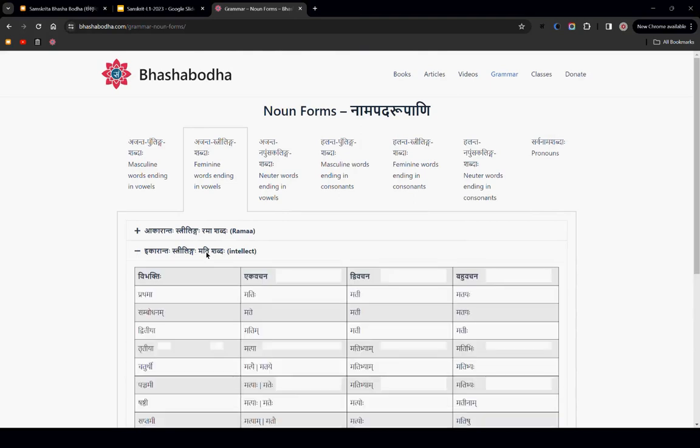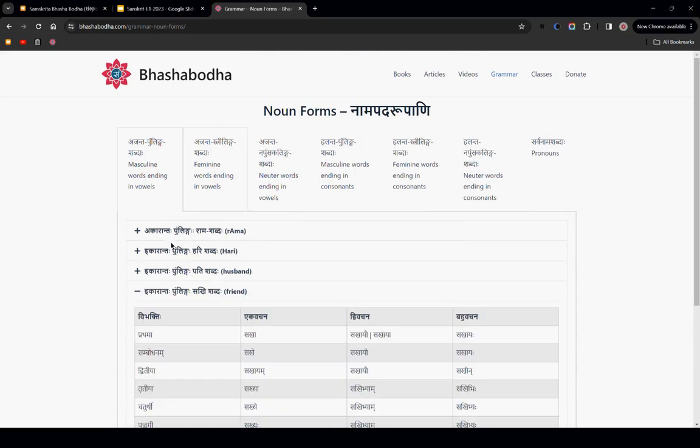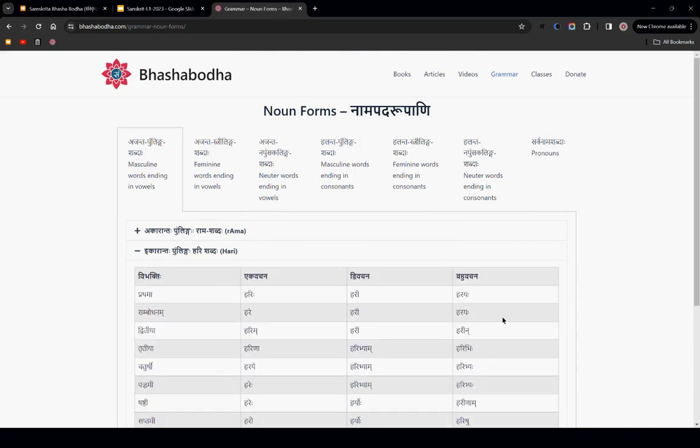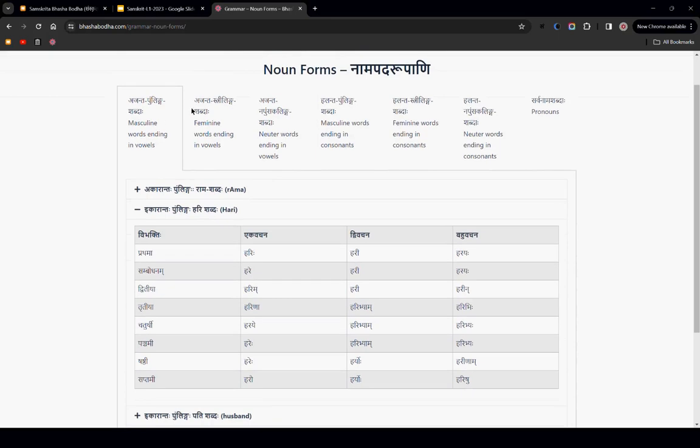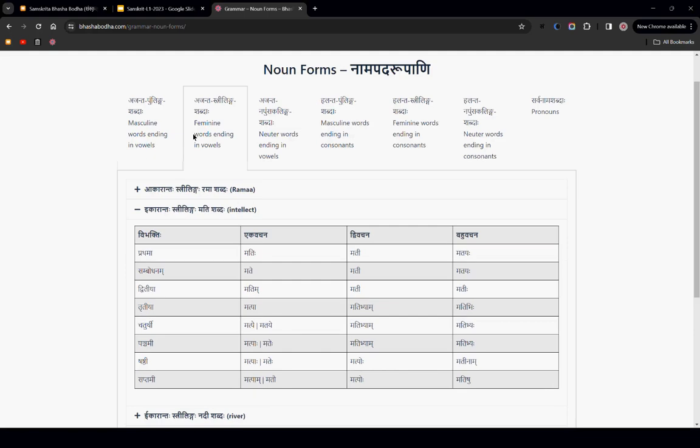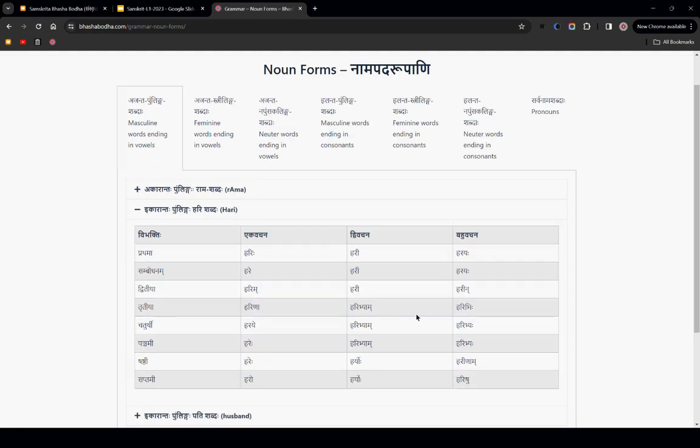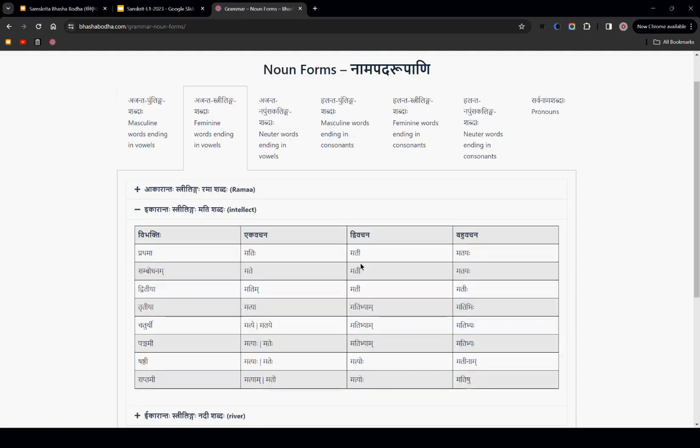There is a Hrasva Ikaranta Strilinga word, Mati, Gati, etc. But there could also be Hrasva Ikaranta Pullinga words: Hari. The forms between Ikaranta Pullinga and Ikaranta Strilinga are similar, but you can notice some difference, especially in the Ditiya Bahuvachanam. In the Pullinga we have Harin, whereas we have Matihi. It is not Mateen, Matihi. That's the main difference here.